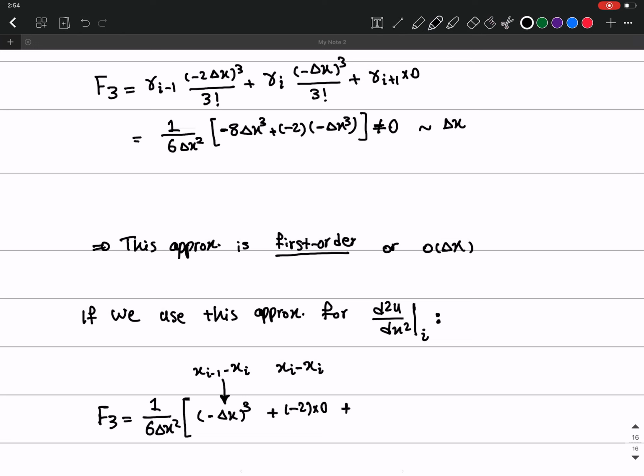And then the third term is xj, again xi plus 1 minus xi. So it's just delta x, right? This is just delta x to the power 3, or delta x cube.